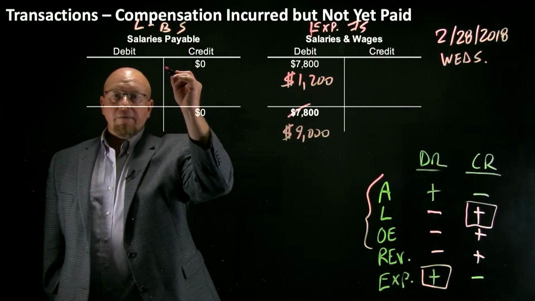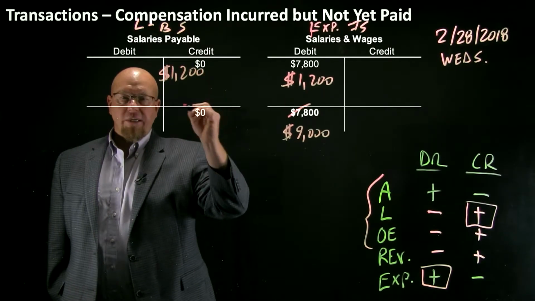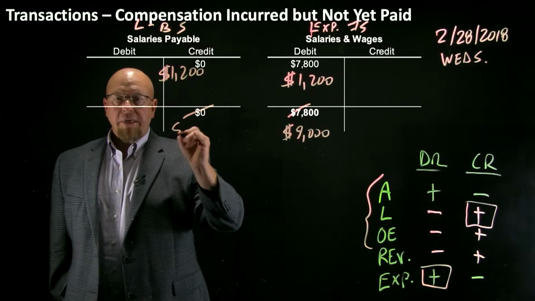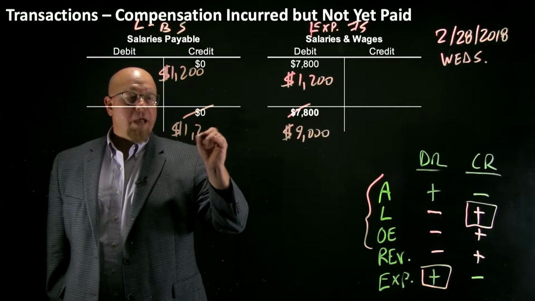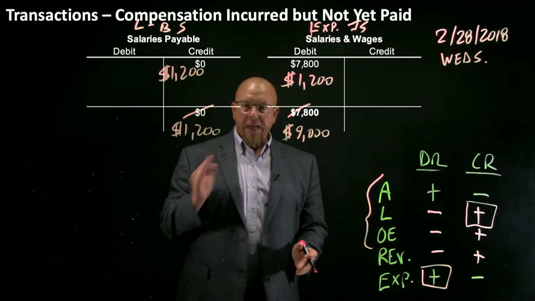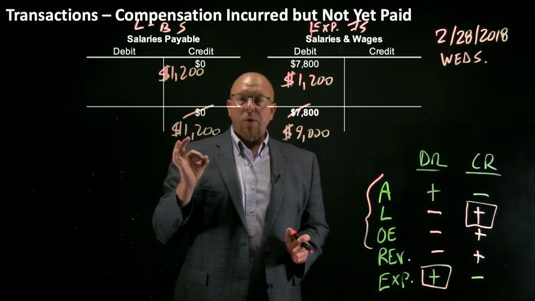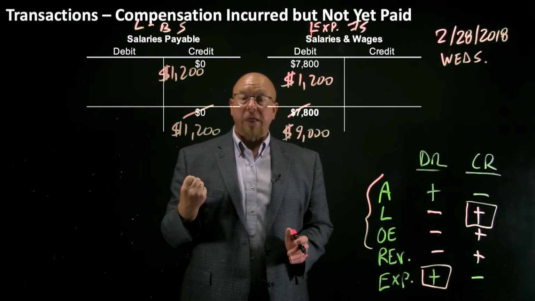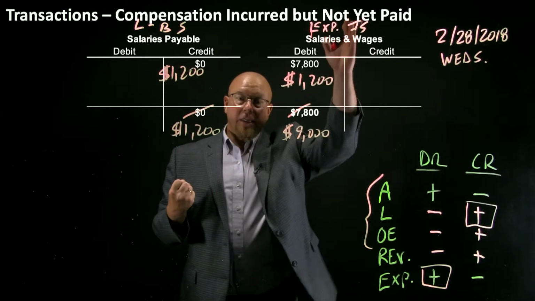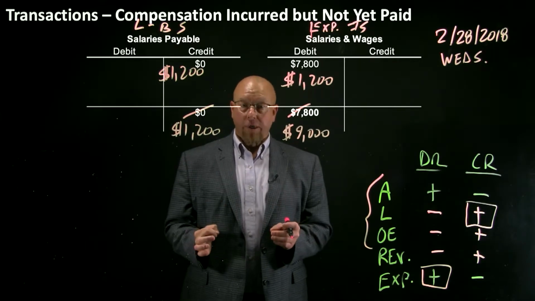And that liability, salaries payable, I suppose you could call it salaries and wages payable, or some companies even call it accrued payroll. But I want you to focus on the concept here, that our balance sheet at the end of February will report the fact that we owe $1,200 to our employees. The expense for the month of February is more complete at this point.